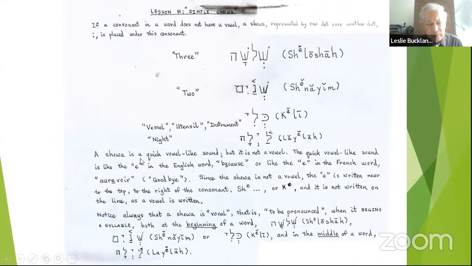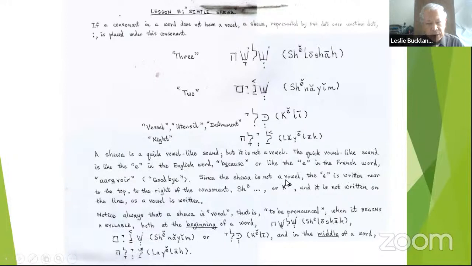Now a schwa is a quick vowel-like sound. It is pronounced quickly and it sounds like a vowel, but it is strictly speaking not a vowel. The quick vowel-like sound is like the e in the English word because, or like the e in the French word au revoir, goodbye.